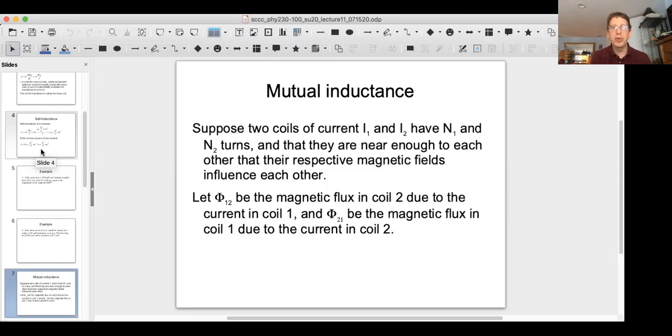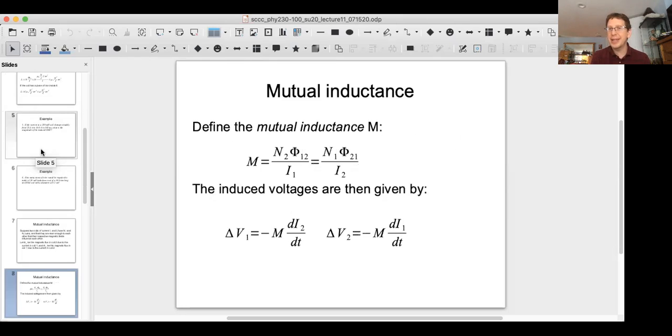So we define those, and keep in mind the mutual inductance is going to be the same regardless of which way you set up the equation. It's equal to N2 times Φ21, so the number of loops in coil 2, multiplied by the magnetic flux that coil 1 exerts on coil 2, divided by I1.